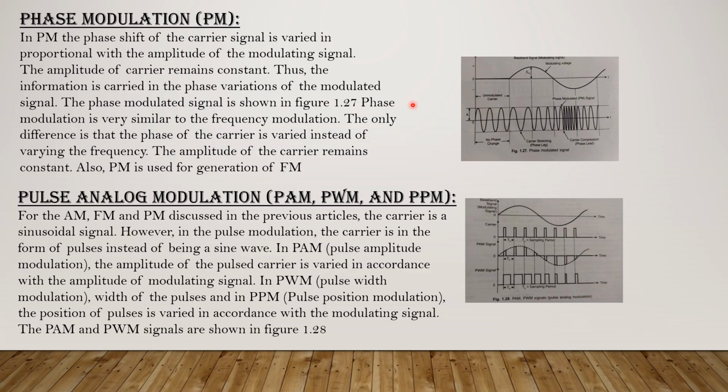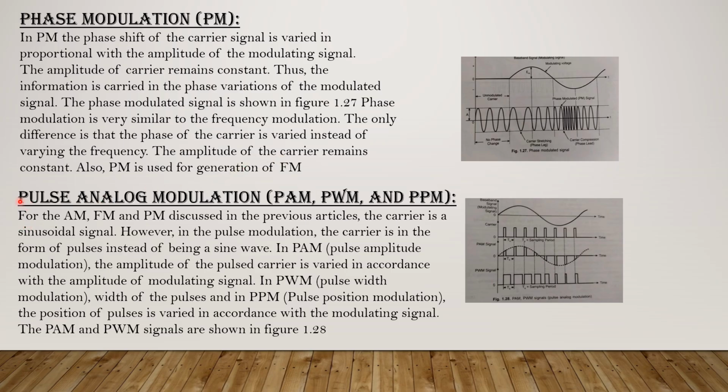Phase modulation is very similar to frequency modulation. The only difference is that the phase of the carrier is varied instead of the frequency. That is the main difference. The amplitude of the carrier remains constant. Also, PM is used for generation of FM.